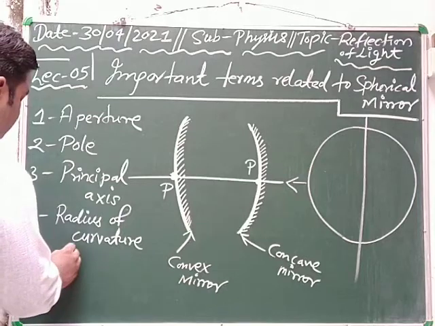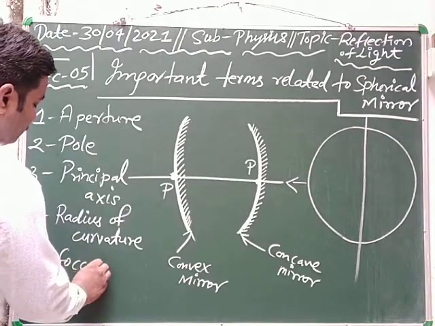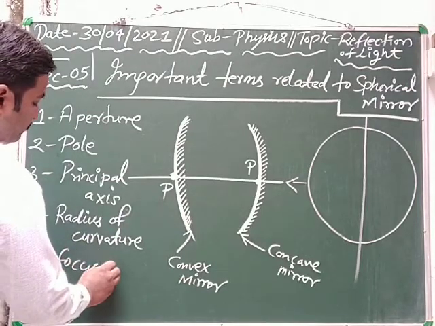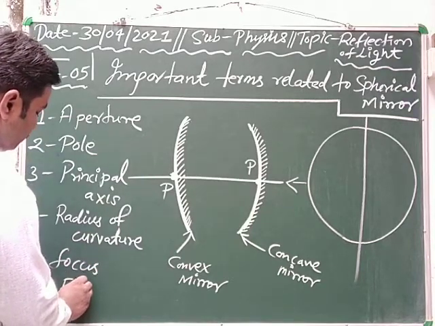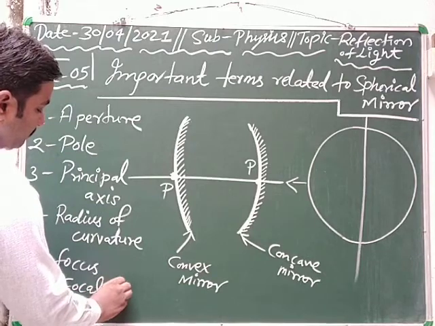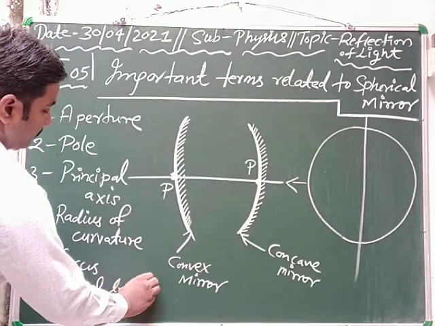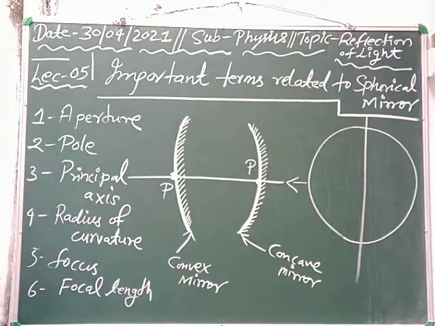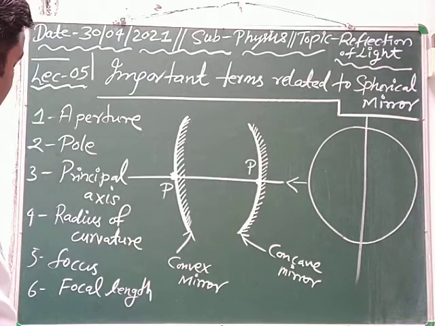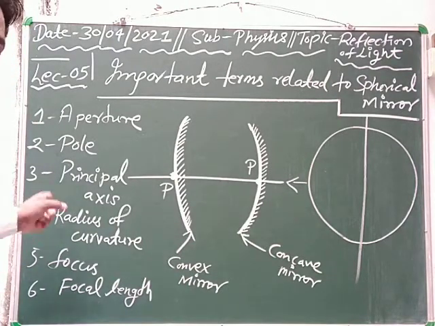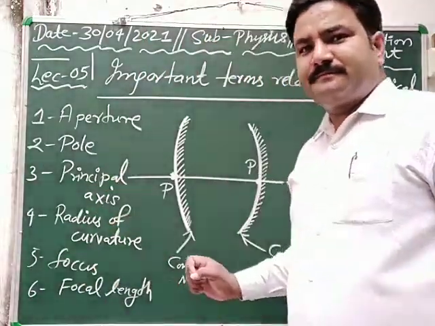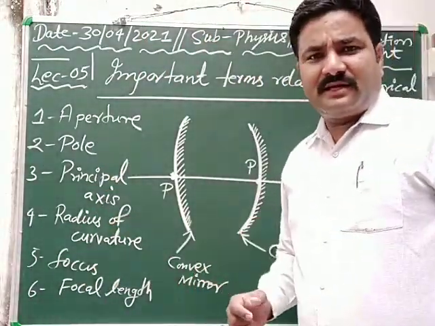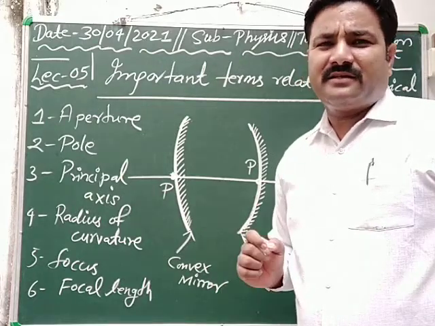Then focus, then focal length. Clear? Very easy. When you try to understand each and everything, then the forward concept that I will explain in the next lecture will be very easy.